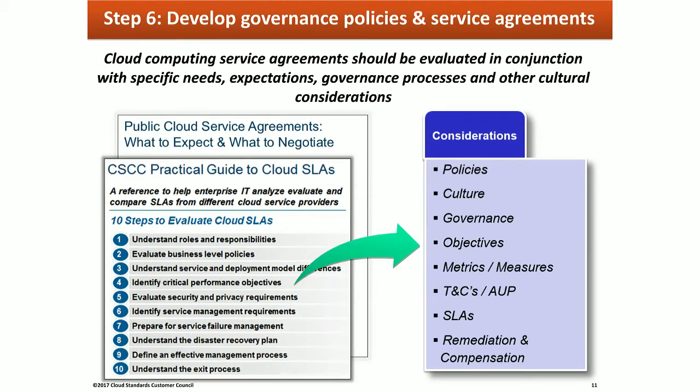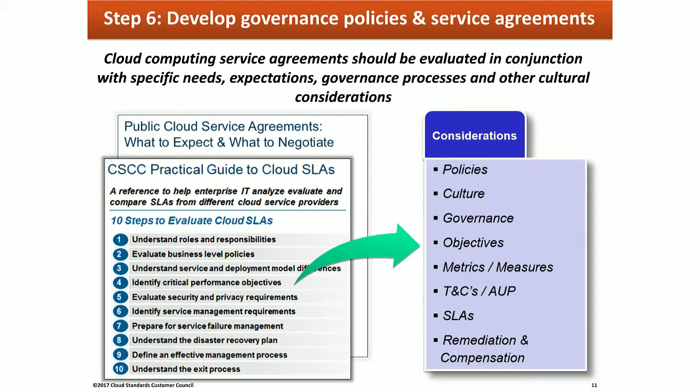And you need to be looking at your policies within your organization for governance, and then the policies of the provider, the kind of culture that you have, the kind of governance processes that you have in-house, and whether you can make those mesh with the governance processes that your provider will have.